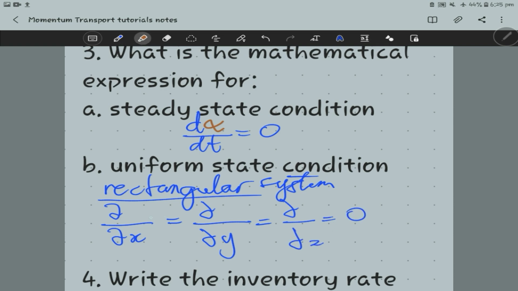What this means is that the conserved quantity alpha, if we say it's in a uniform state, doesn't change with respect to any of the sides of the coordinate system, right?